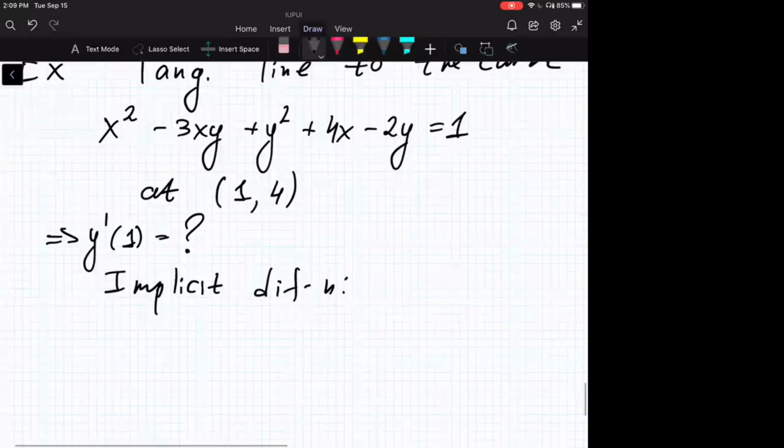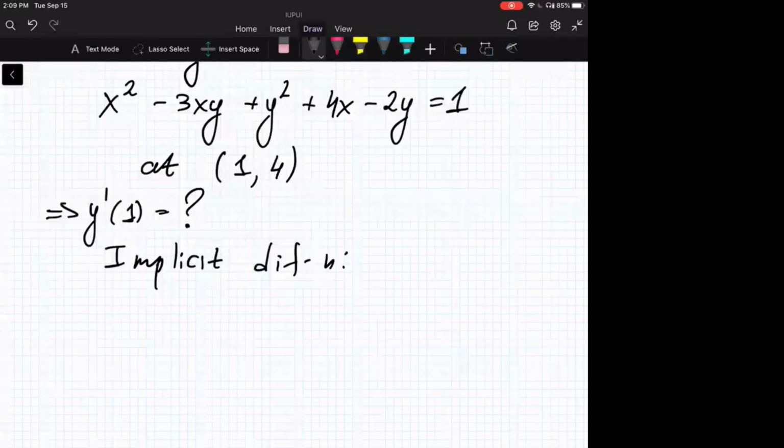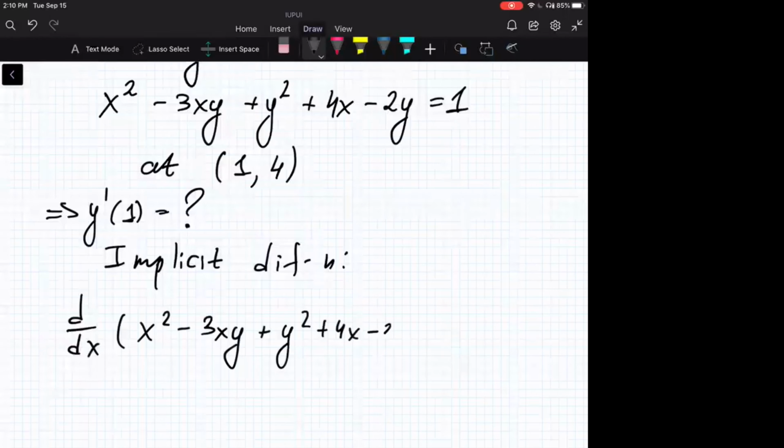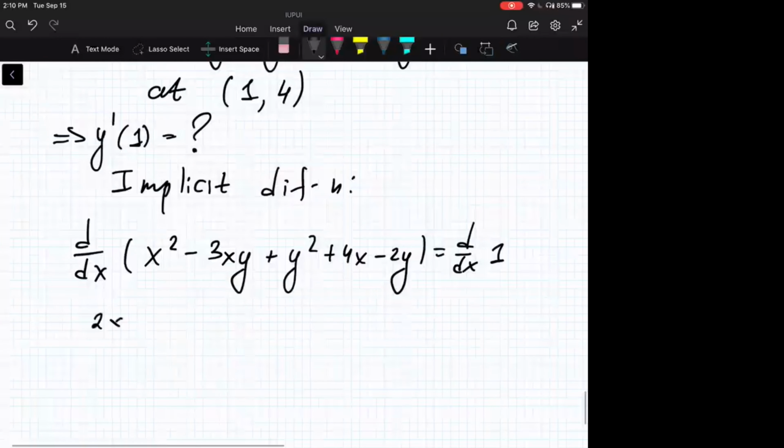Let's follow the algorithm: consider the derivative of both sides, plus 4x minus 2y is equal to the derivative of 1. And the derivative of this will be 2x minus the derivative of the product.